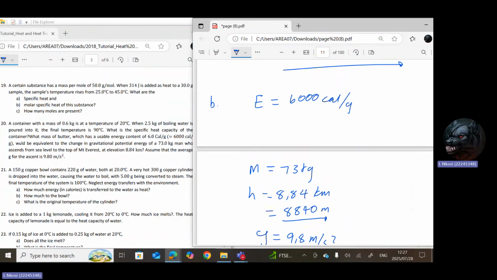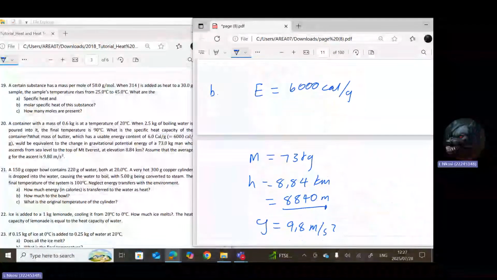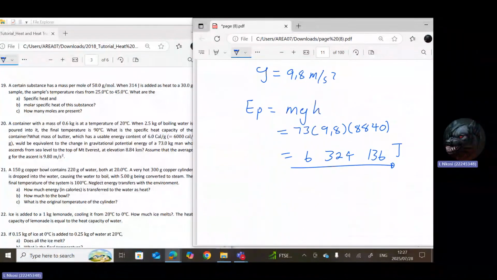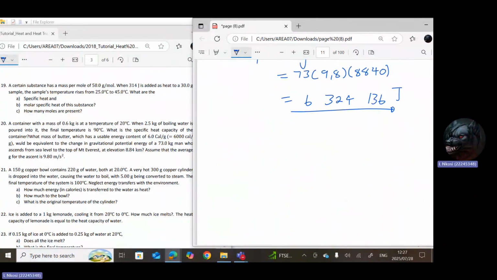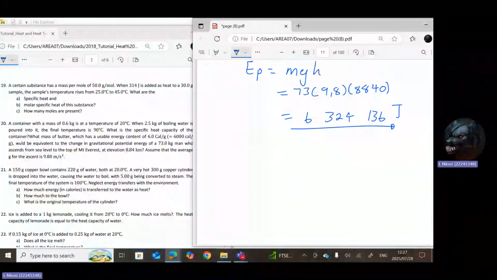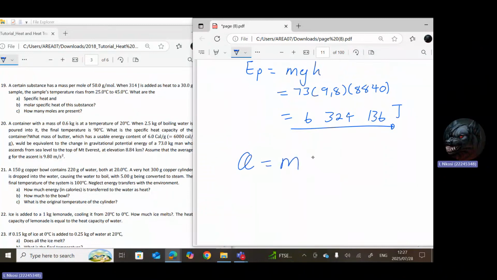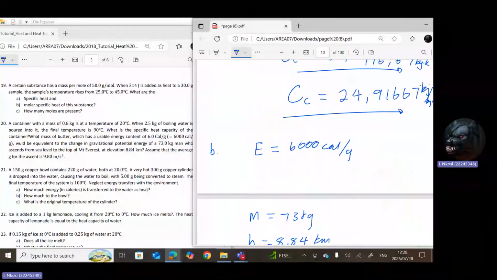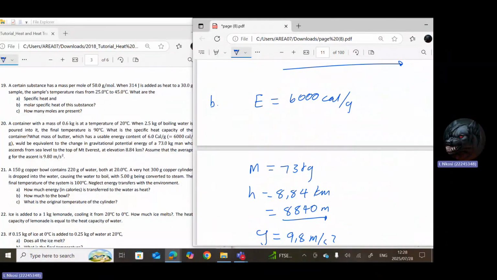So what mass of butter would be equivalent to this amount? We know that energy and heat are the same thing. Heat is thermal energy, so heat is equal to mass times C times change in T. Given the information we are given, the energy of the butter is 6,000 calories per gram.